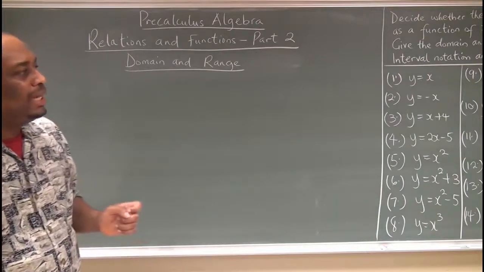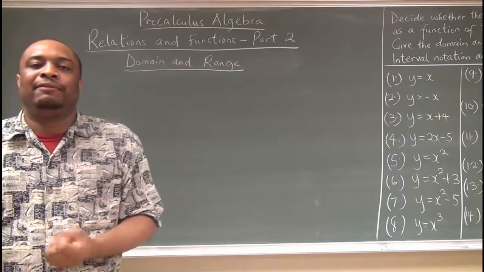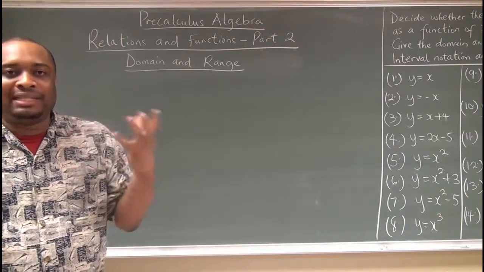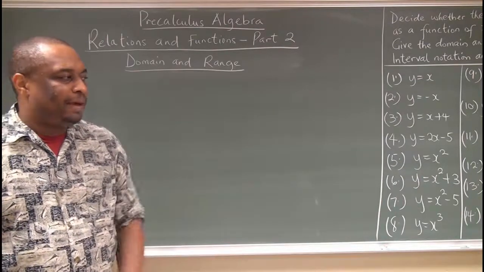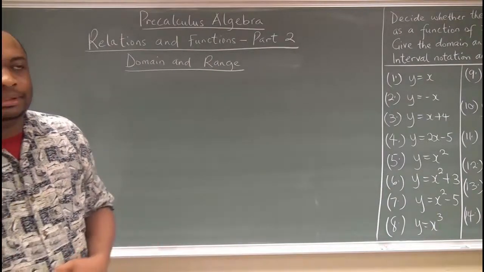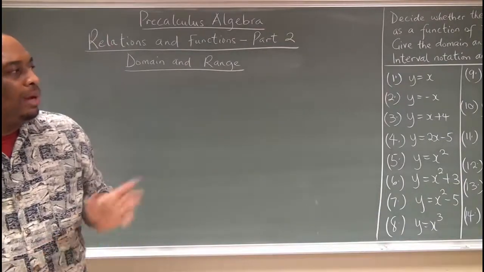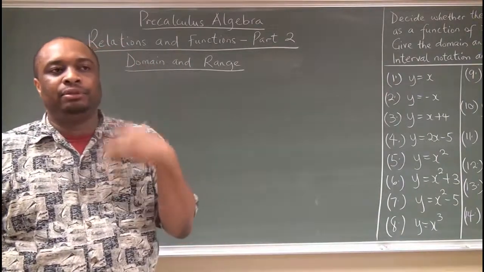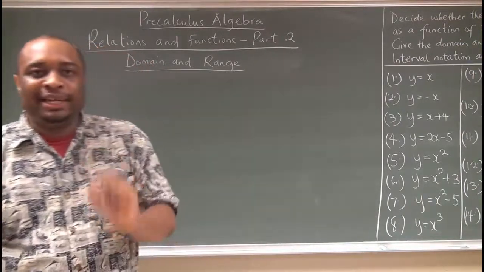In this video we shall find the domain and range when the relations and functions are represented as a rule or as an equation. This is quite different from ordered pairs or mappings. Those ones are pretty much easy. When they are represented as an equation, we have to be more careful when finding the domain and the range, especially the range.